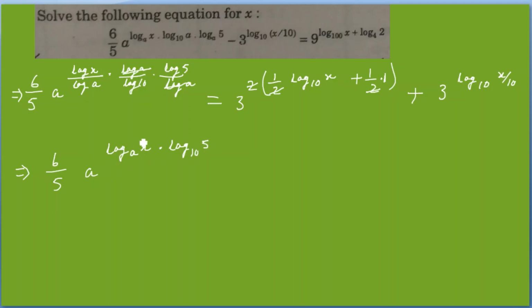And now we can see that we can replace these two terms by the formula. Okay, and here it is 3 raised to power log this one plus 1, and it is 3 log 10x minus 1. Okay, we can write it.